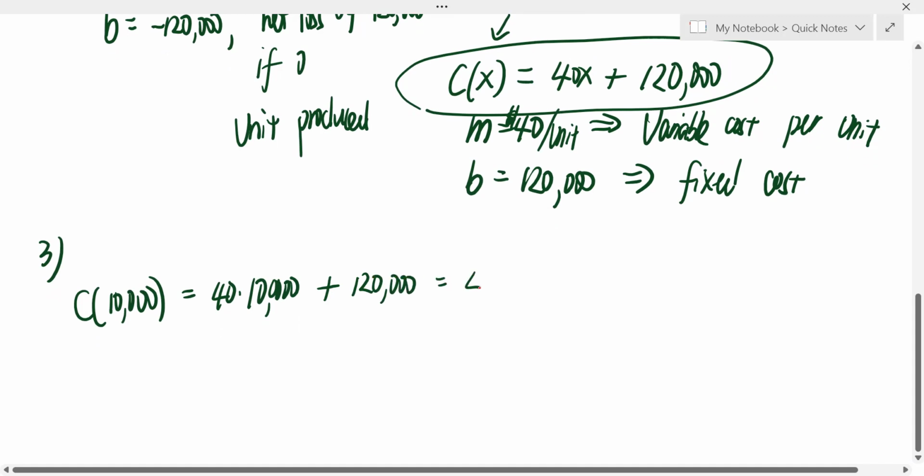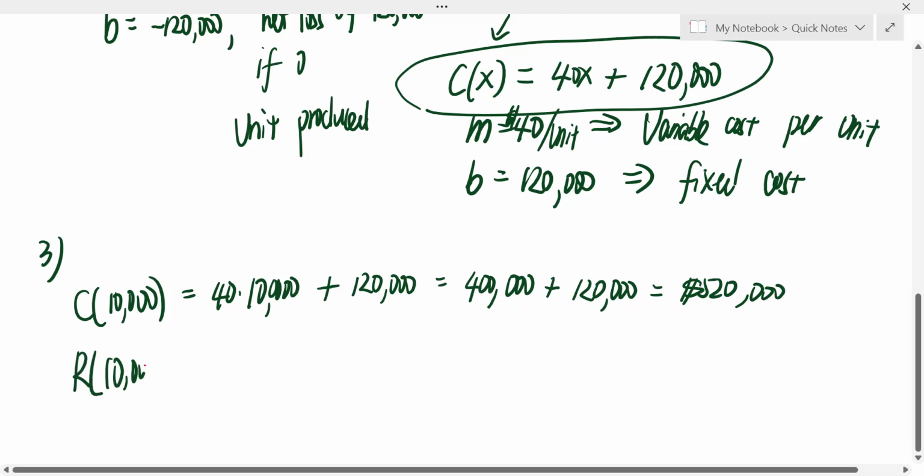So this is 400,000 plus 120,000, a $520,000 cost. Revenue of producing units: 50 times 10,000 is 500,000.